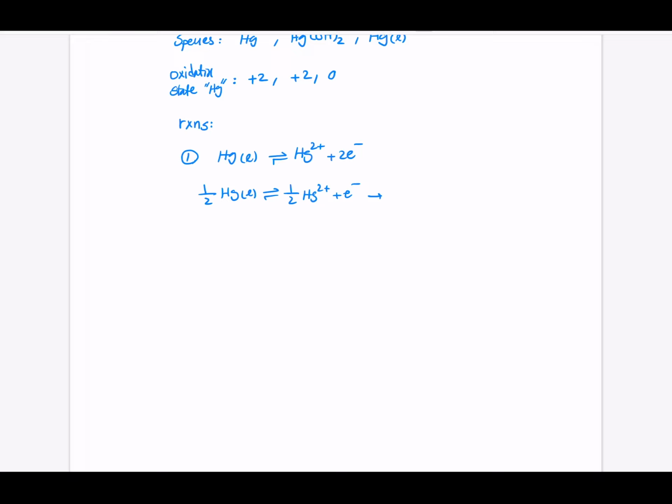Again, I'm skipping the part where I write the expression for K. Eventually it would be PE equal to PE0, and this would be 14.47. As we were expecting, this is a typical redox reaction, so this is a horizontal line.